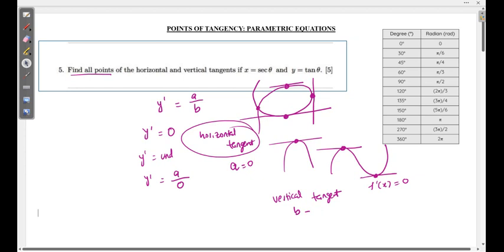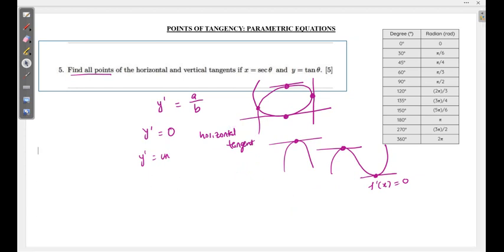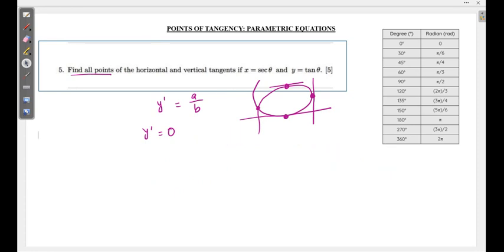So that is what we're going to use in order to solve this problem. The first thing you're going to do, since this is a parametric equation, is find the derivative. You need to find dy over dx.